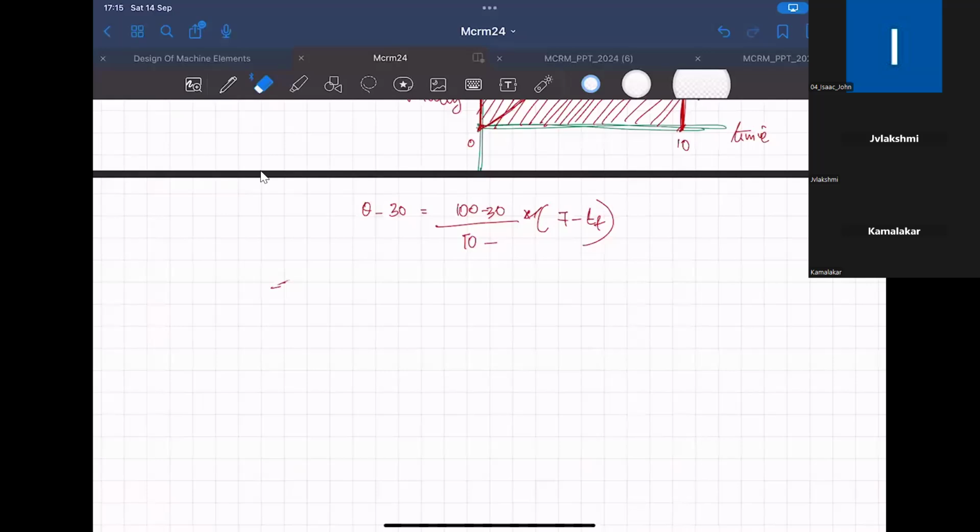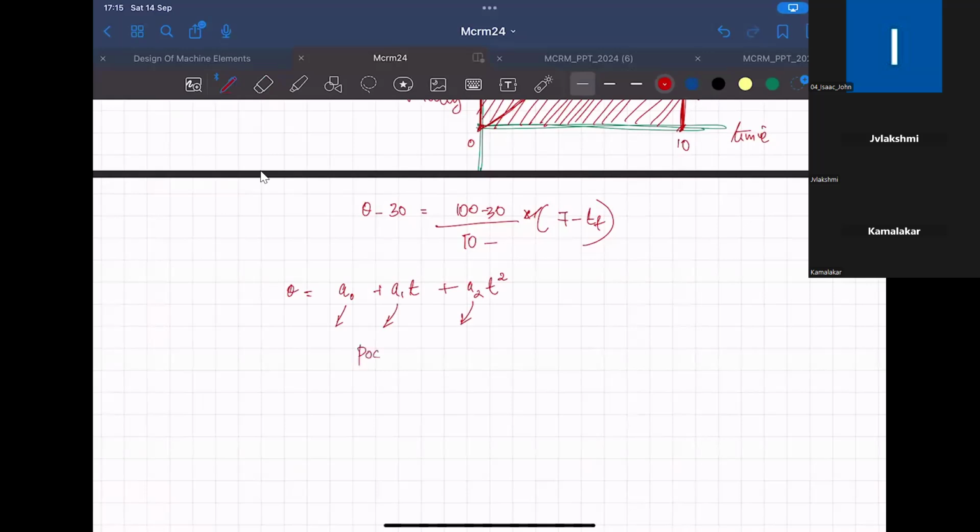Yeah, so a quadratic polynomial would be something like this: theta is a0 plus a1t plus a2t squared. So you only have three unknowns over here, so you can only have three equations or three boundary conditions.